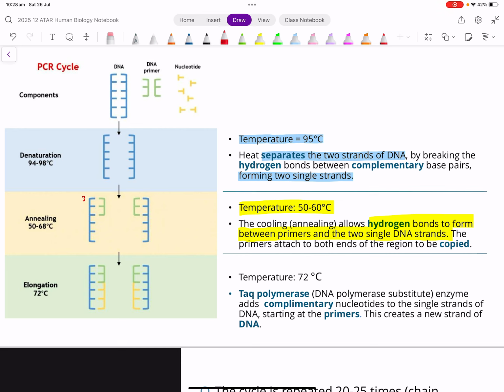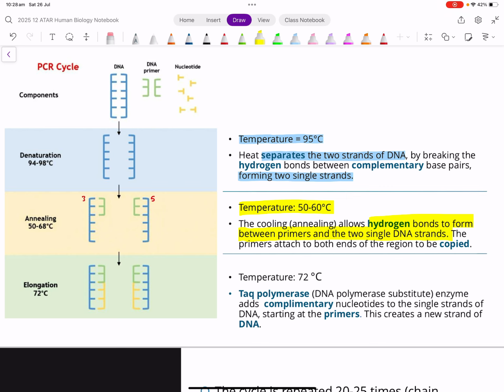So if I annotate my diagram here with the 3' and 5' markers, you'll see that each primer is going to be targeting the opposite end of that DNA sequence, or the complementary portion. And with the primers attaching, this allows both ends of that DNA molecule to be copied.